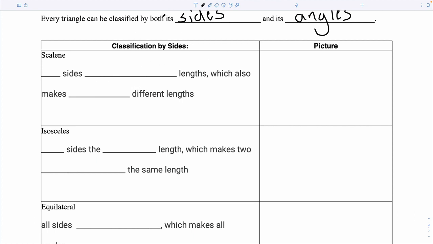When you look at a side length for scalene, a scalene has all sides that are different. This also makes all the angles different.